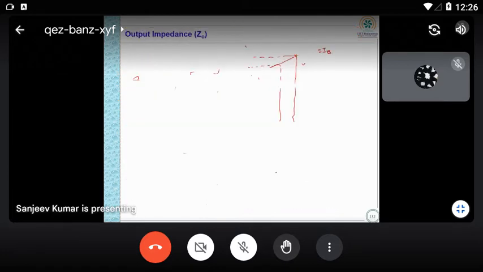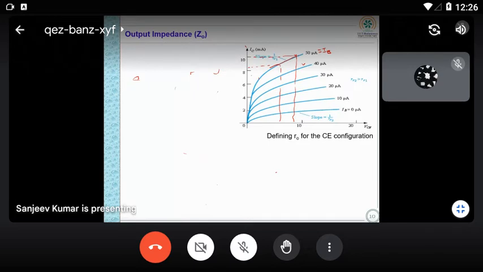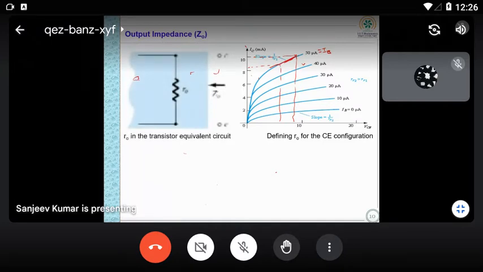Here I'm showing the same thing. This is the characteristic of the common emitter configuration, a plot of IC versus VC. For any input current, if I want to calculate the resistance, I have to find out the change in VC.